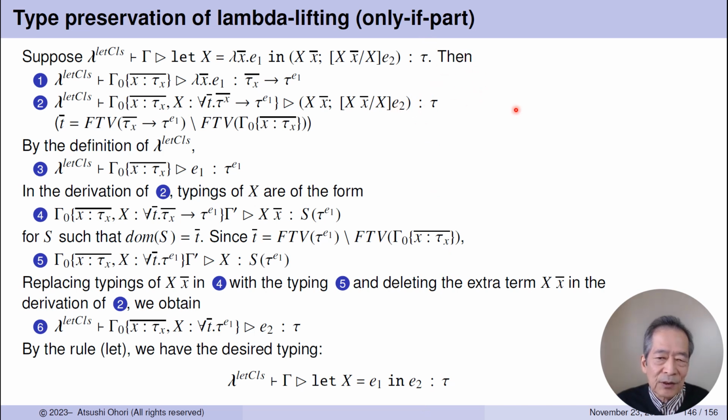Nothing complicated, nothing elaborate going on, just carefully analyze derivation trees, and then we can show that. The detail is not so interesting, so I omit it. You can stop here and check each detail.